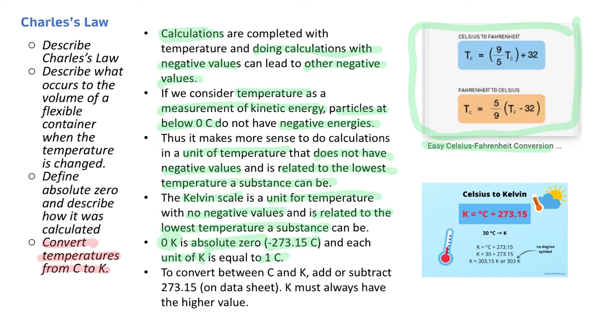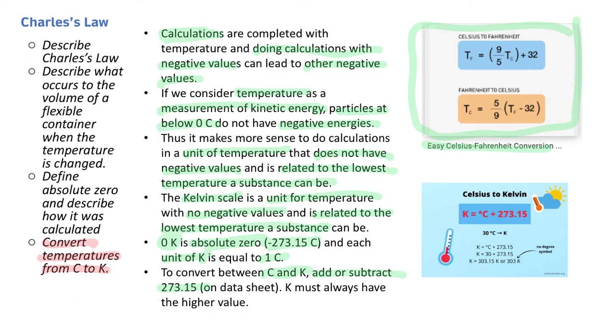But to convert between Celsius and Kelvin, because each unit of Kelvin is equal to 1 unit of degrees Celsius, all you've got to do is add or subtract the 273.15, which is also found on your data sheet, so you don't have to memorize it, and therefore you can convert between Celsius and Kelvin quite easily.